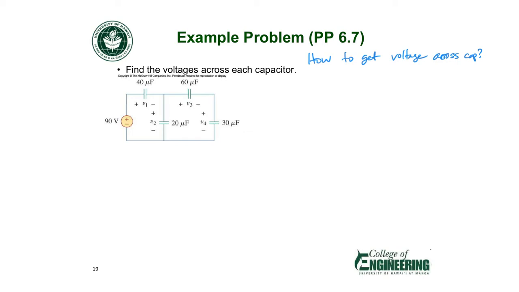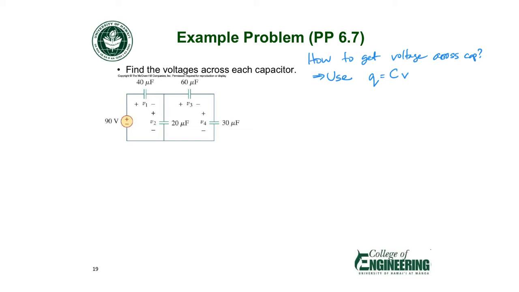Okay, let me just give this to you. So we're going to use the equation for charge on a capacitor. So the charge on the capacitor is the capacitance times the voltage. So if we can figure out the charge on each capacitor, we know the capacitance values, we can figure out the voltage across those capacitors.